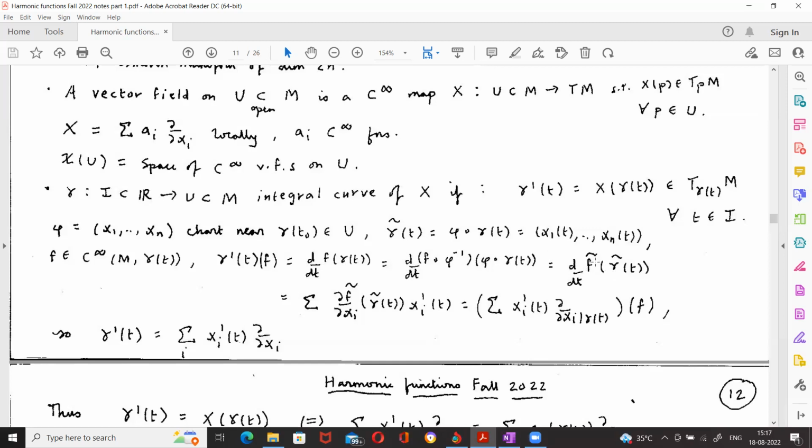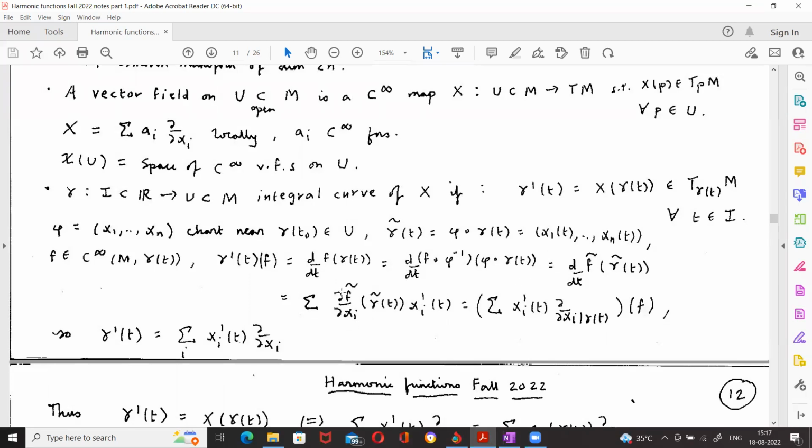Now f tilde is a function from R^n to R, and gamma tilde is a smooth curve in R^n. So by the chain rule, this will be the sum over i of del f tilde del xi at the point gamma tilde of t times x_i prime of t, because gamma tilde has coordinates x_1 of t to x_n of t.